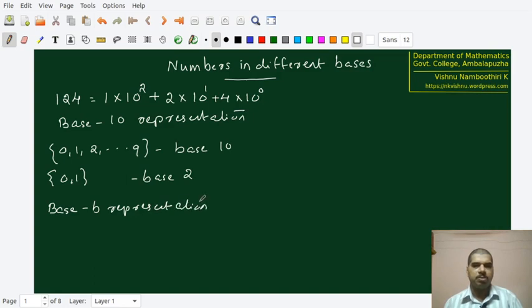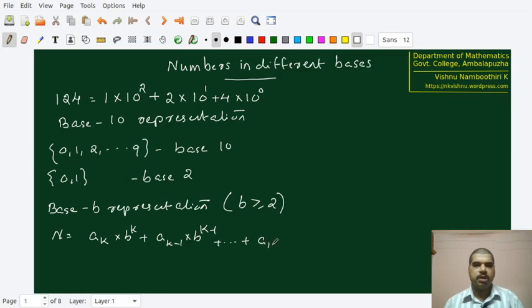So the definition is the following. Base B representation, where B is a natural number greater than or equal to 2. The following expression, n equal to a_k into b raised to k plus a_(k-1) into b raised to k minus 1 plus etc. plus a_1 into b raised to 1 plus a_0 into b^0, is known as the base b representation of the natural number n.